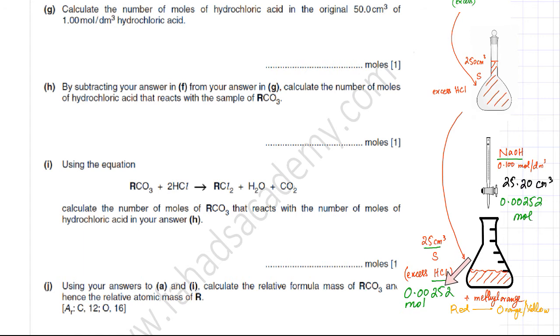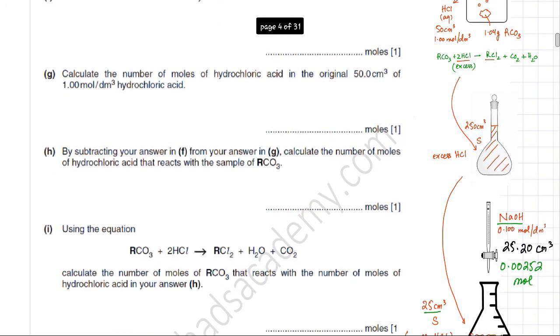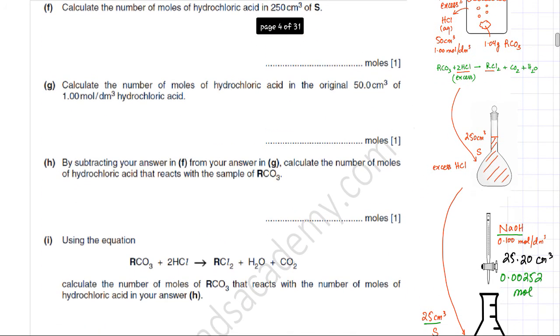So if you had 0.00252 moles in 25 cm cube, what were the amount of moles in the original 250 cm cube solution? So again, we're going to use ratios. We know that in 25 cm cube of solution S, the amount of moles that we have are 0.00252 moles.